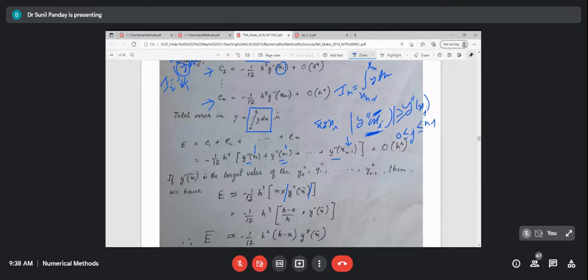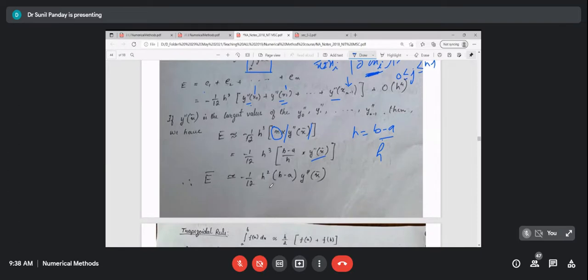X bar is nothing but one of the x naught, x1 for which y double dash of xi is greater than the other remaining y double dash of xi. And then this is h cube. Now how can I choose n in trapezoidal rule? I choose n as b minus a upon h. So I substituted the value, and y double dash of x bar is there. And then this is the final error.